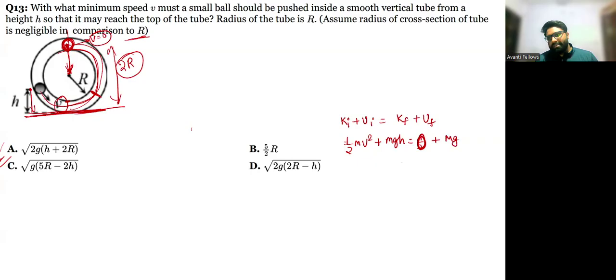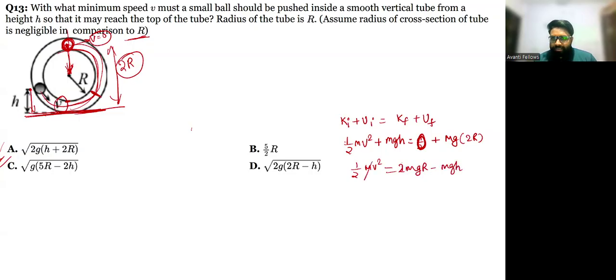So everything given in the question has some point. Not every time, but most of the time. Here we need to find the velocity. So it will become 2mgr minus mgh.